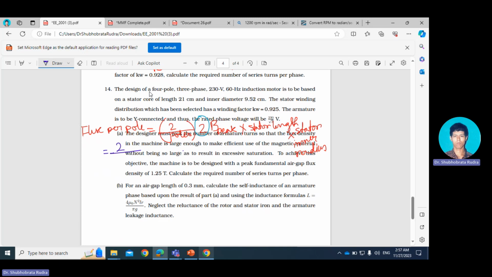How much is the number of poles? 4, into your, here the diameter is given, so no need to incorporate this 2.